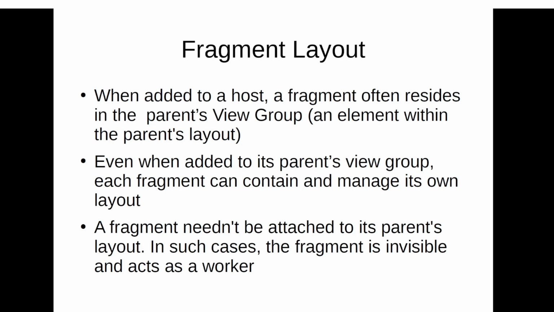It's important to understand that even though our fragment is inside the parent and shows up as if it's a part of the activity, the fragment does in fact have its own layout, and it needs to manage things like its own set of events. It must have its own event handlers because it's showing up in the activity, but it is its own module. It's its own piece of discrete code.